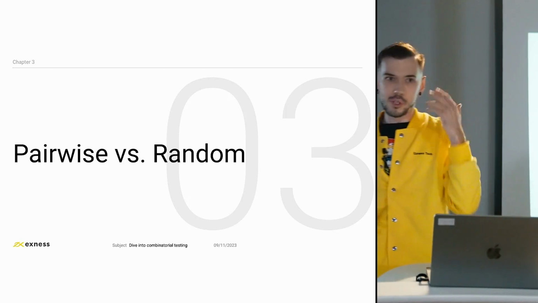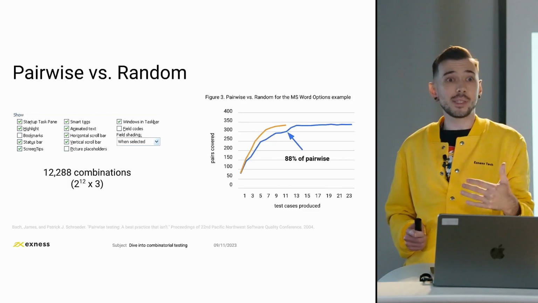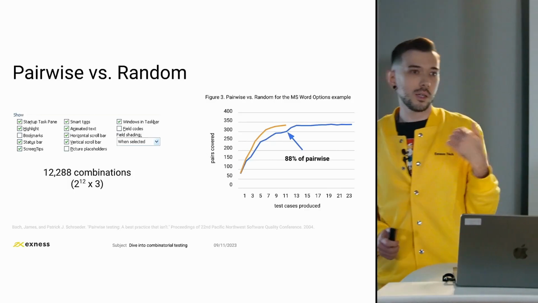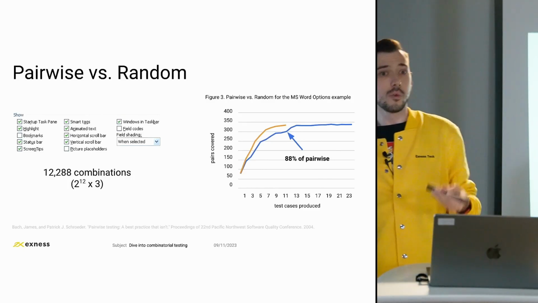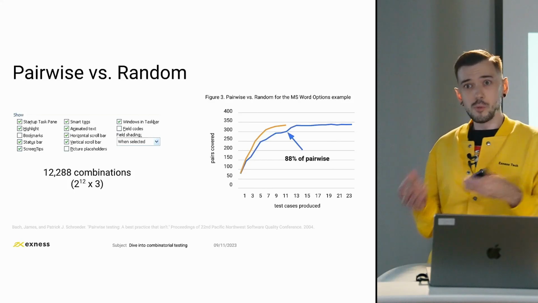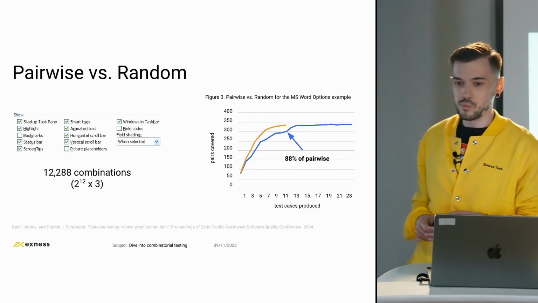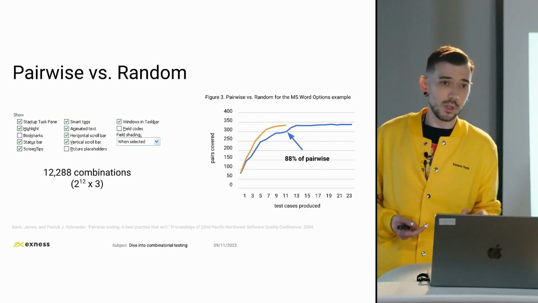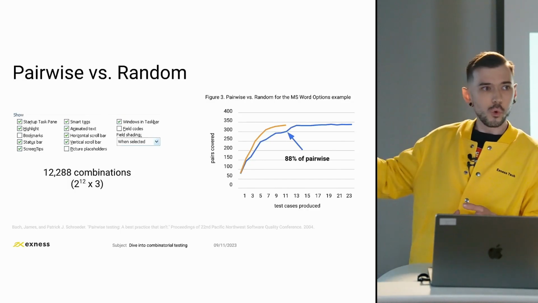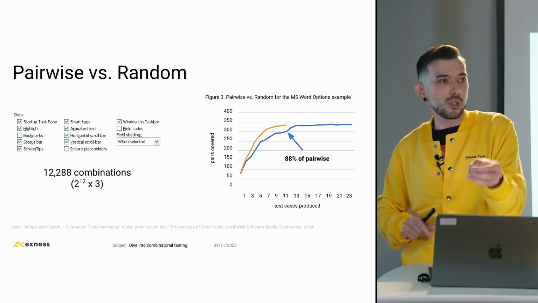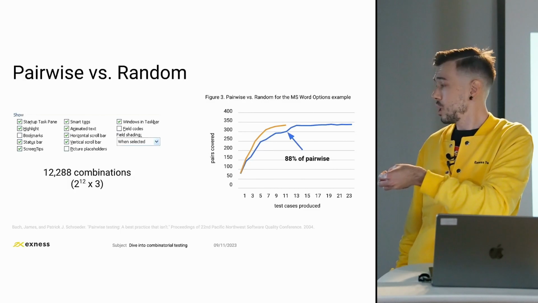For those who probably think that's a crazy approach, this is not as bad as it may sound. One of the studies shows us that if we try to go with pairwise and simultaneously go through some iterations with a random approach, we will see that at the moment we have the full pairwise coverage, we have 88% covered by a random algorithm.